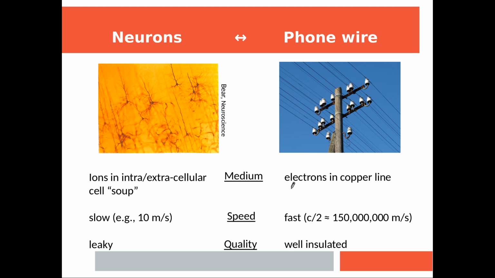So in copper wire, the medium, in other words, how is the signal transmitted? Basically, electrons move, or they push the electrical signal along the copper wire, either continuously in direct current or back and forth in alternating current, right? But the speed is very fast, basically about half of the speed of light, which is about 150,000 kilometers per second, or 150 million meters per second.